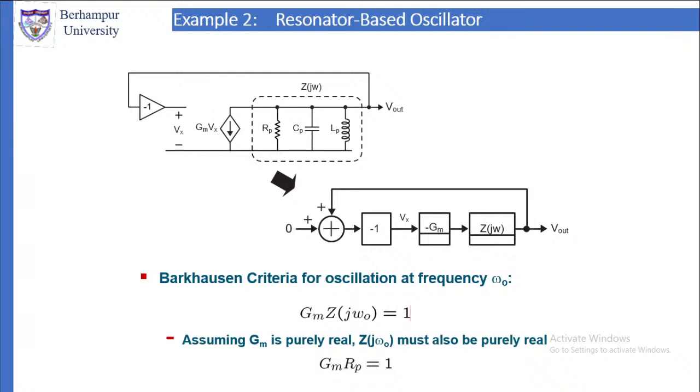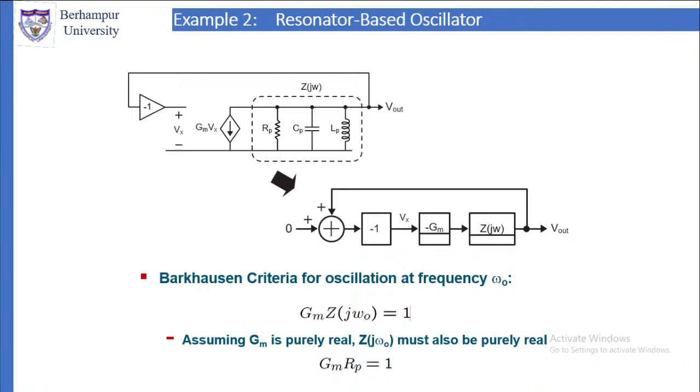Here, if you use the Barkhausen criterion for oscillation, then the loop gain G into Z is equal to 1. That is the Barkhausen criterion in this case.